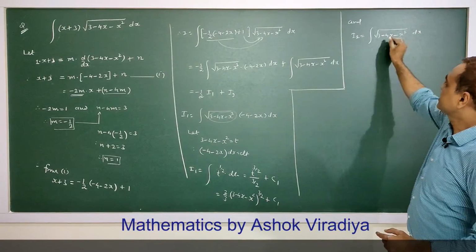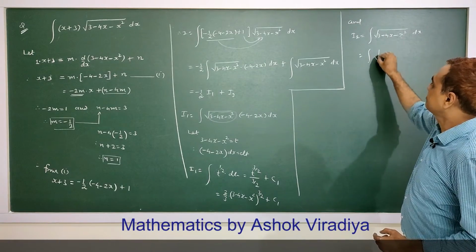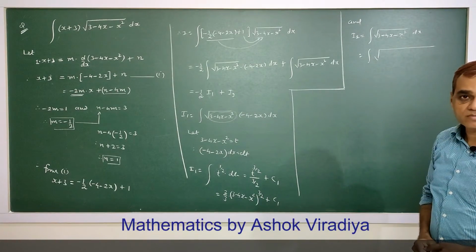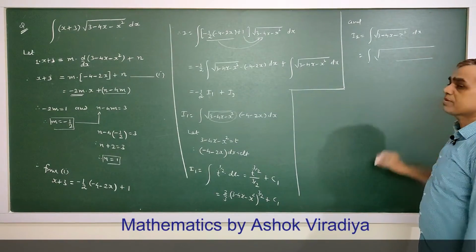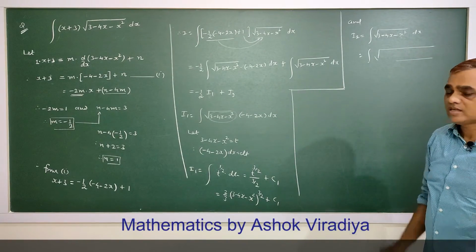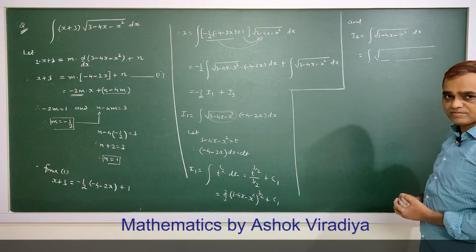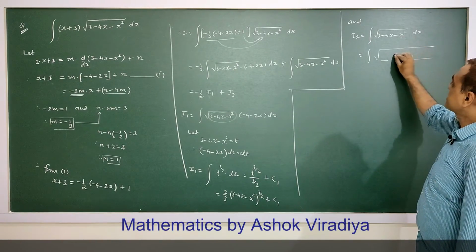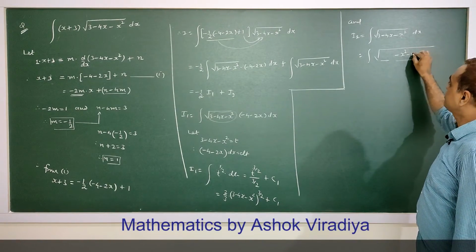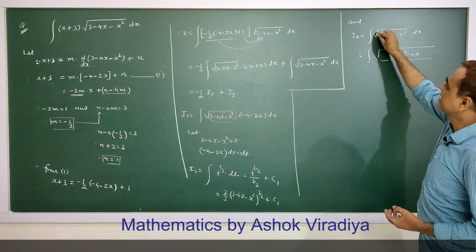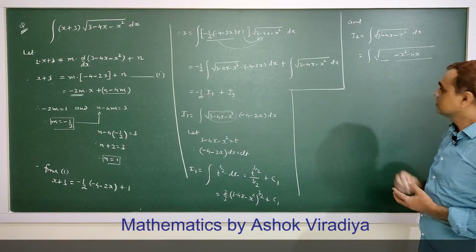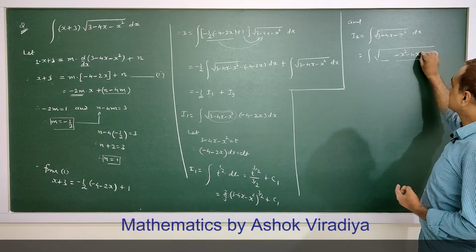Here we convert this into a perfect square polynomial. The x square term is negative, so set the perfect square in the second place and the remaining number in the first place. This is minus x square, so keep minus x square minus 4x. Now splitting of 3.